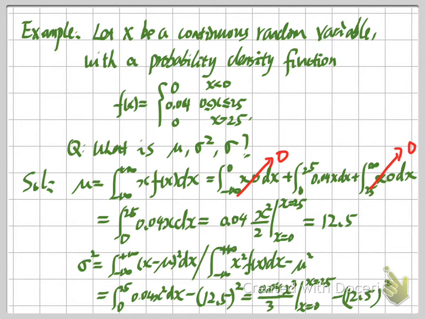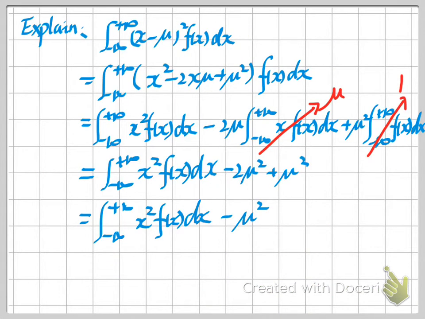So when we plug in the upper and lower limits into this function, we get the final answer of our variance, which is 52.08. So this is the value of the variance.